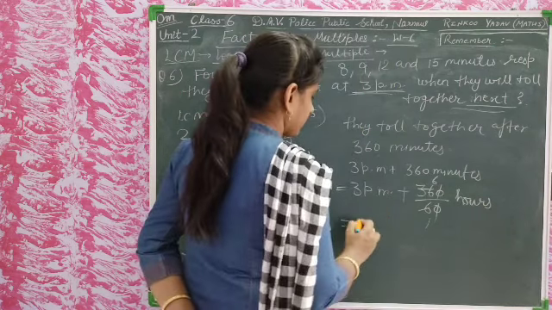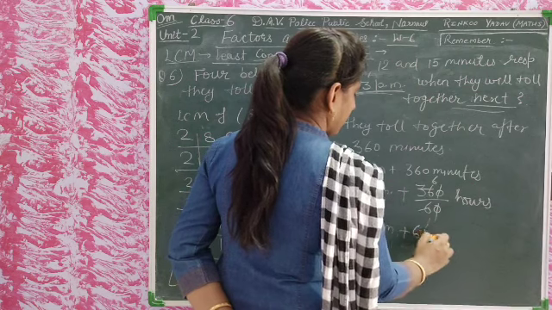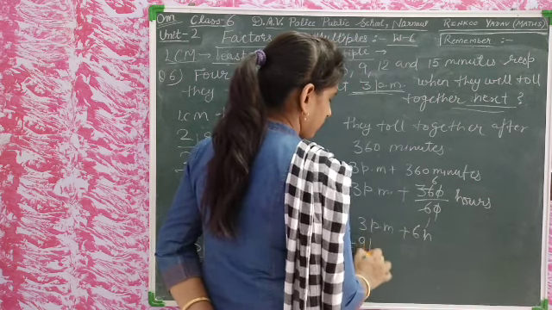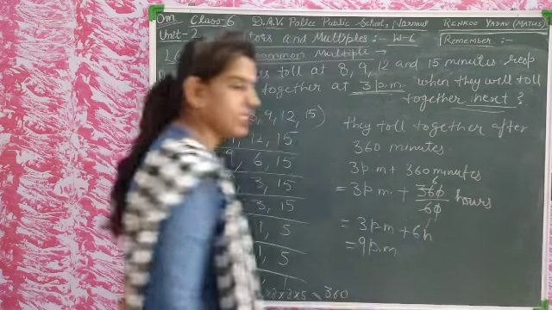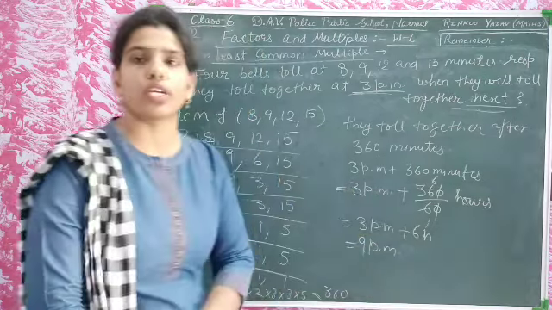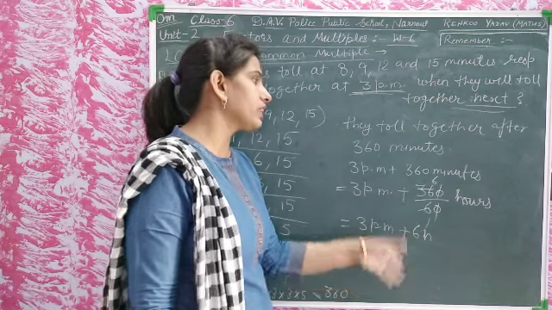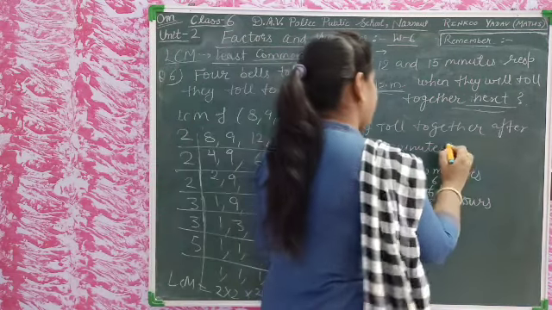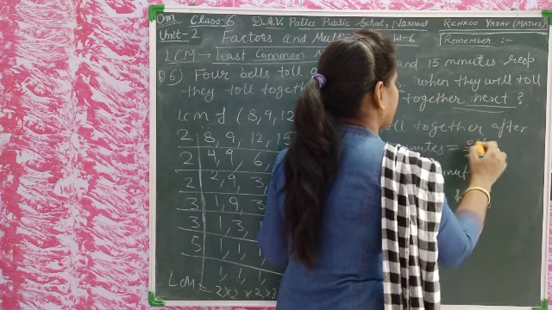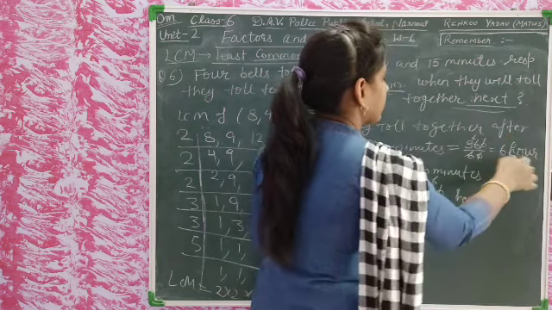Is this clear, students? Now, 3 p.m. plus 6 hours is equal to 3 plus 6, which is 9 p.m. So at 9 p.m. they toll together. Is this clear? This is the method: we write 360 divided by 60, 6 sixes are 36, and this is equal to 6 hours.